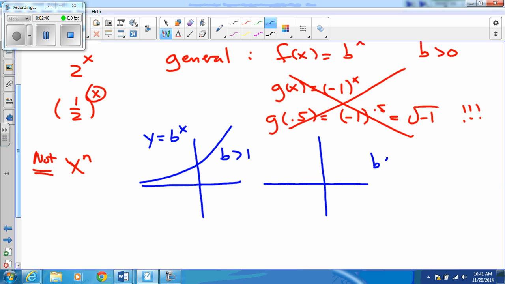If, on the other hand, b is less than 1, then as I multiply b by itself x times, as x gets larger, b to the x will get smaller and smaller. Notice that in both cases, the graph passes through the point (0, 1). And in both cases, the graph has a horizontal asymptote, y equals 0.